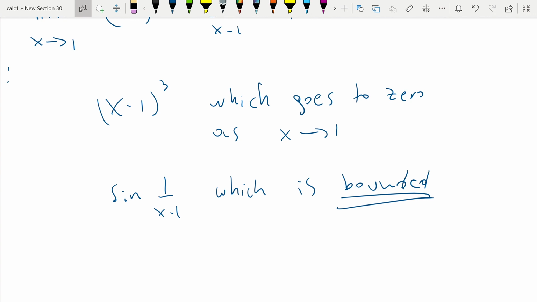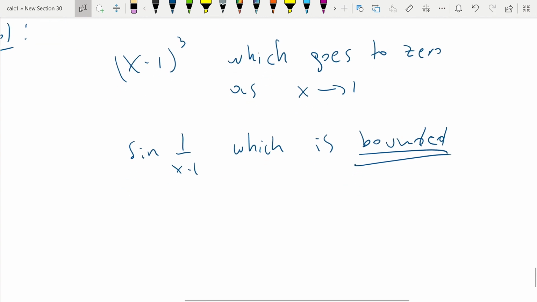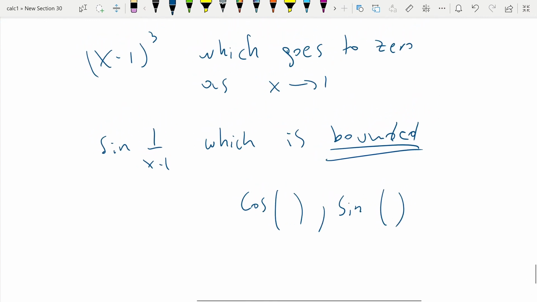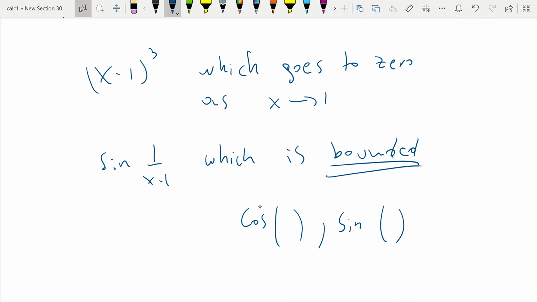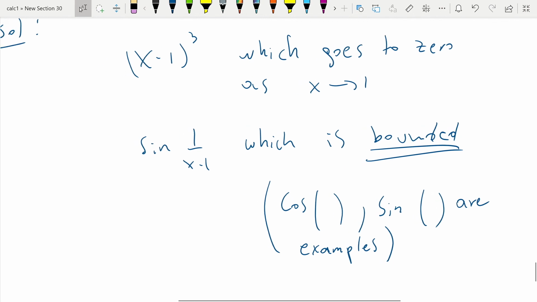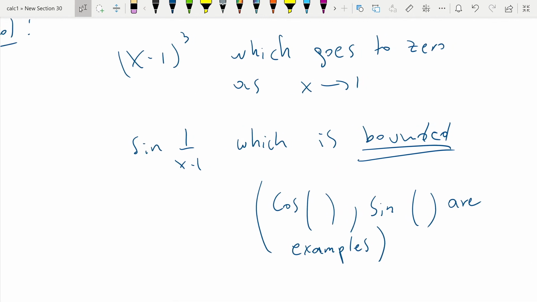So one of them is something that goes to 0, and the other one is bounded. Examples of bounded functions are cosine of something and sine of something. They will always be bounded between minus 1 and 1. So you have the product of two functions, one which goes to 0, and the other which is bounded.